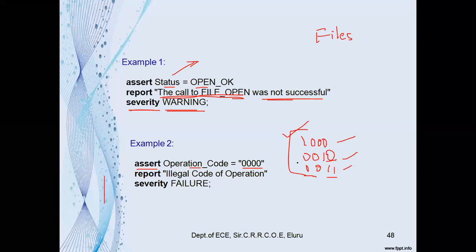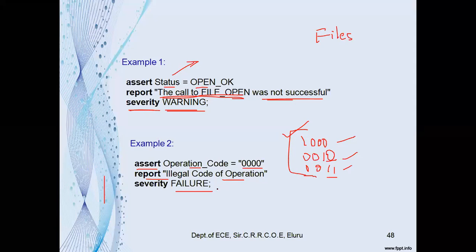When the Boolean condition is false, it reports with a message. What is that message here? Illegal code of operation, and the severity level is failure, which means that further the program statements are not executed here. Okay, so to execute that VHDL program, the operation code must be 4 zeros.